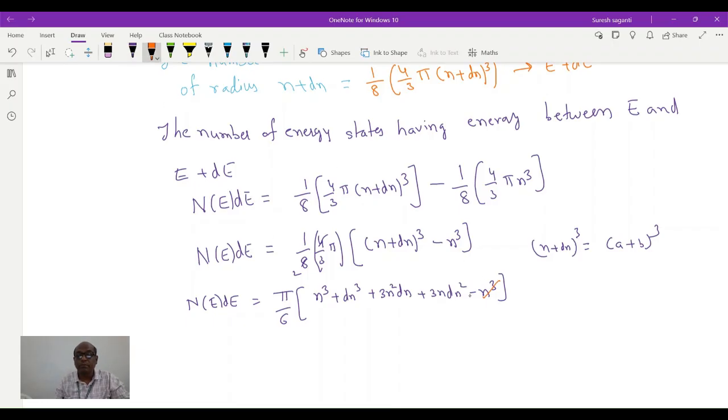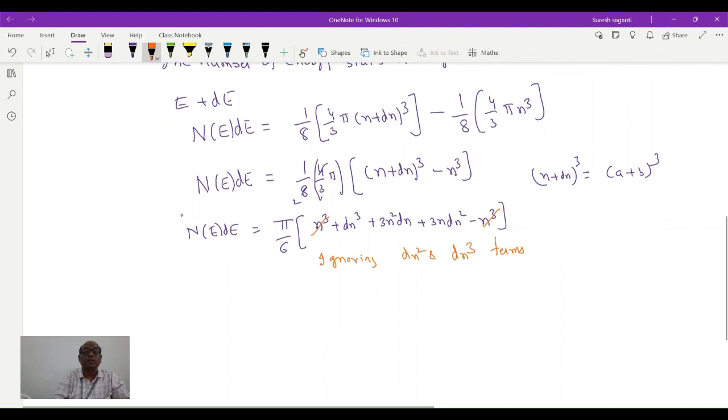Minus n cube plus n cube cancel, ignoring dn square and dn cube terms, as dn is small. So what happens?